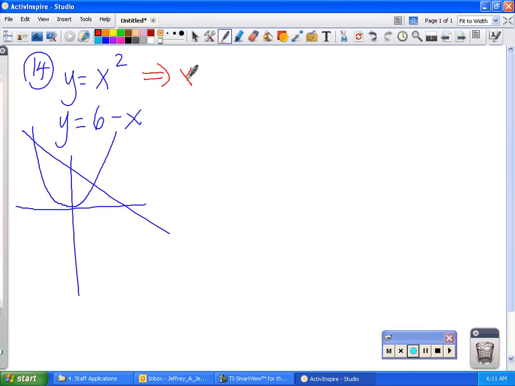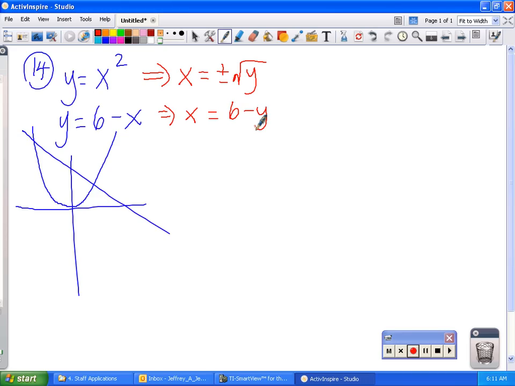So I get x equal to plus or minus the square root of y. And then when I solve the second equation for x, I'll get x equal to y minus 6, and then divide by negative, so 6 minus y. So those are my two equations solved for x in terms of y.